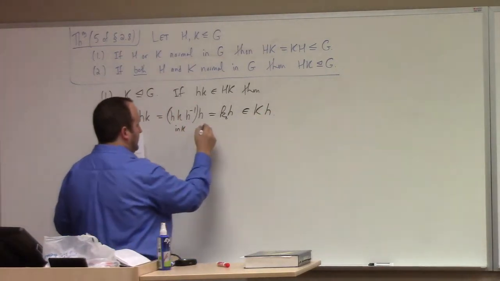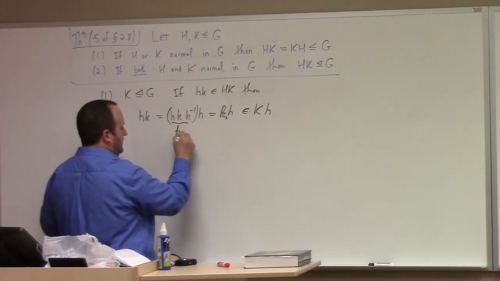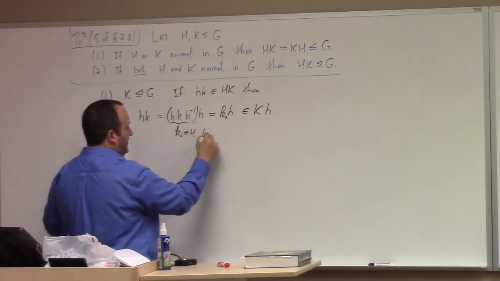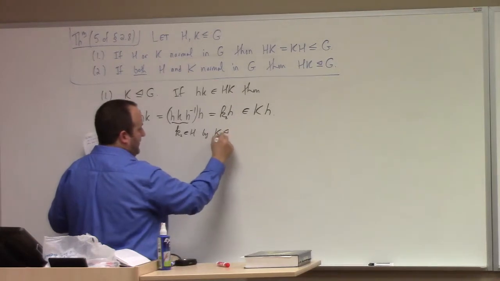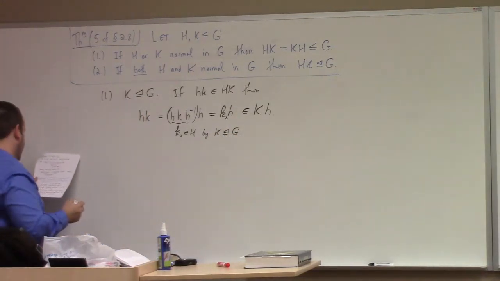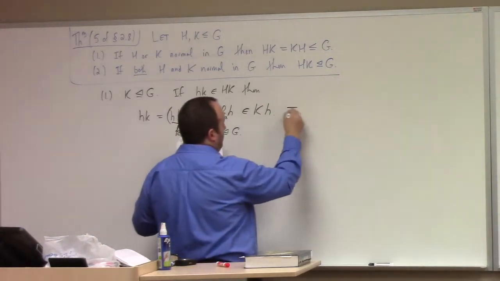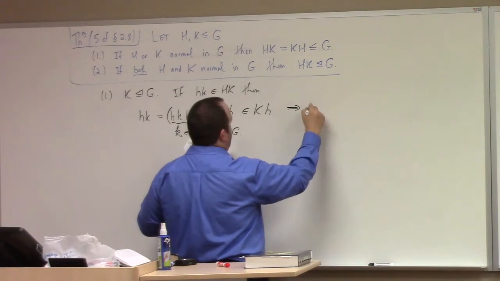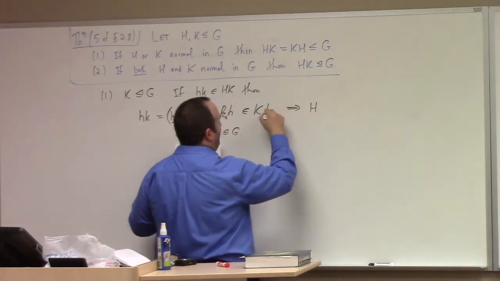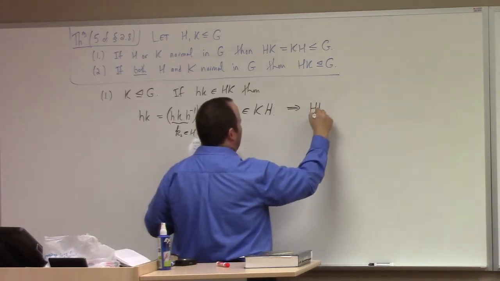Here, let's say that this thing is going to be k2, which is an element of K by the fact that we're given that K is a normal subgroup of G. So what's that say? That implies that HK is a subset of KH. I see why you guys are saying, what?